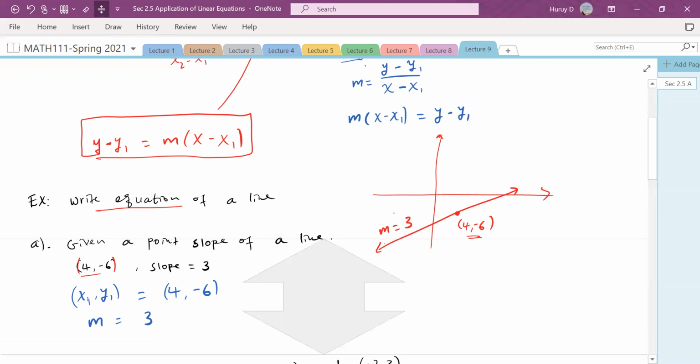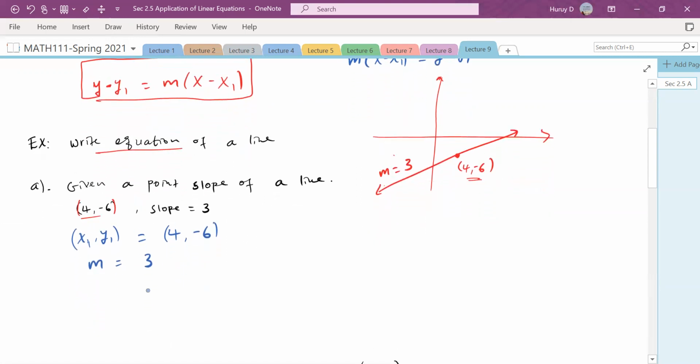Then I just plug these values in, and we have y minus, now instead of y1, I plug in -6. Remember to put parentheses here because it has a negative. Equals m is 3, times x minus, and instead of x1, I substitute 4.